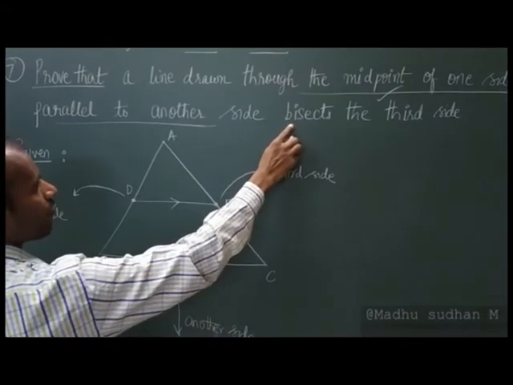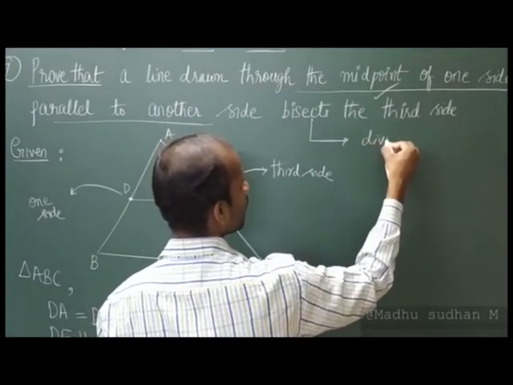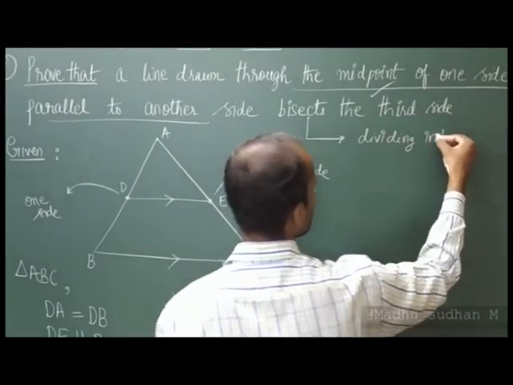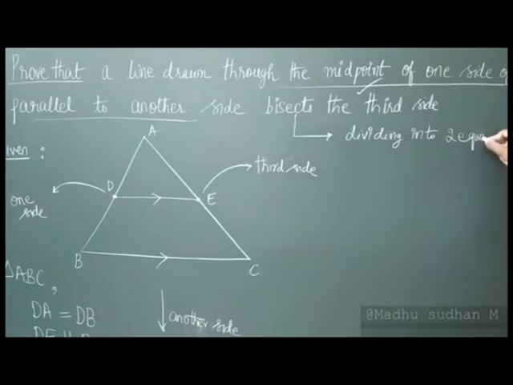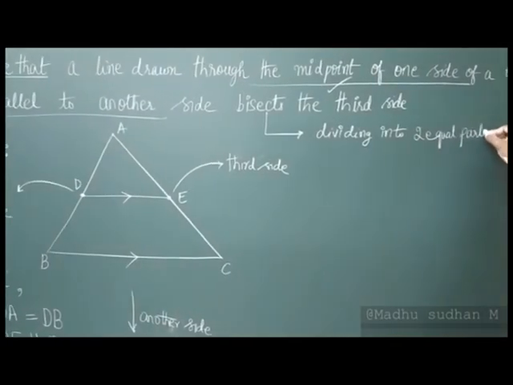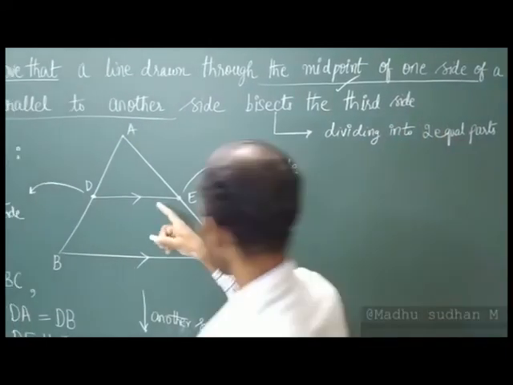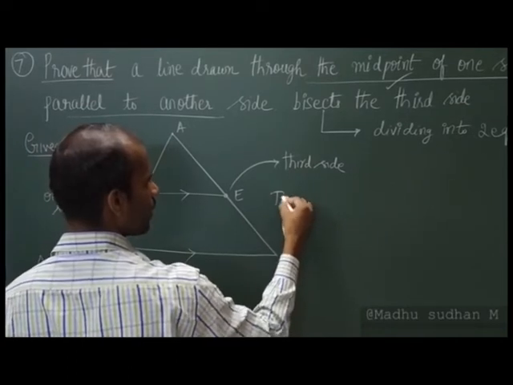Bisects. So what is the meaning of bisecting? Bisecting in the sense dividing into two equal parts. This is the meaning of bisects the third side. So I will have to write to prove that.